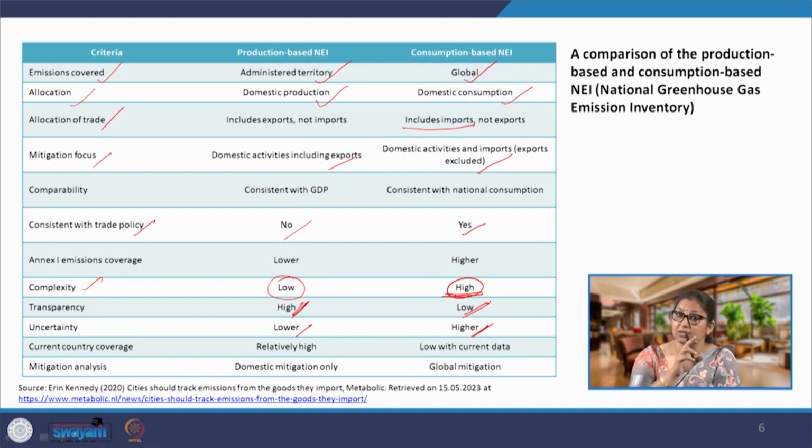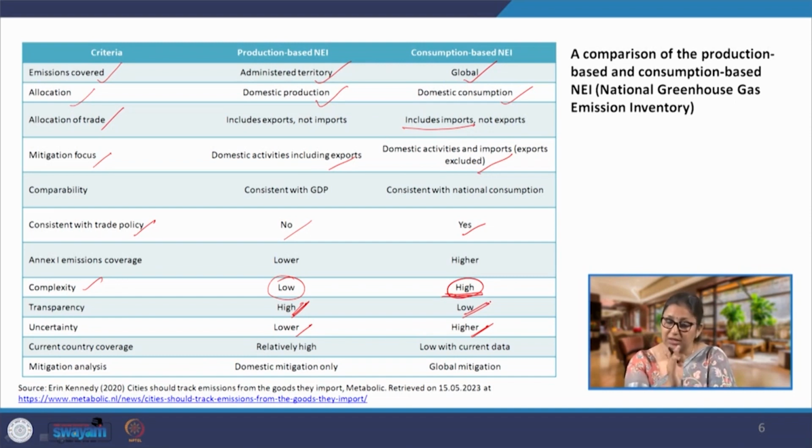So, there the reductions are being accounted for on the basis of consumption, and we will see the examples. But when we look at the larger perspective, say for example, sector wise emissions or state wise or country wide emissions, then we are largely looking at production based emissions.